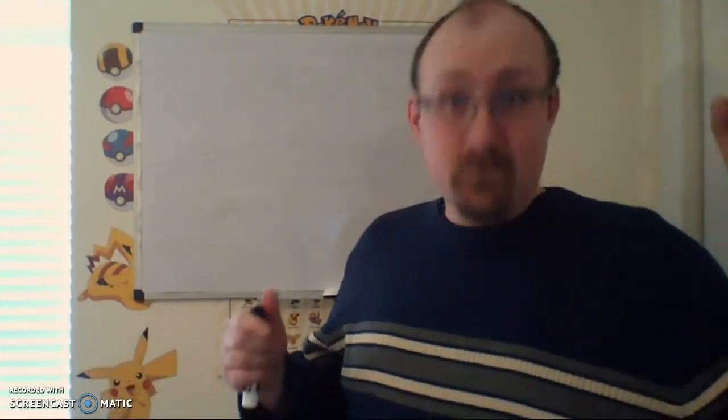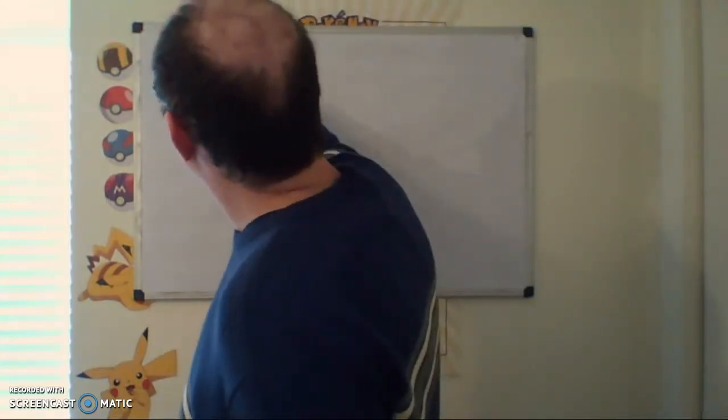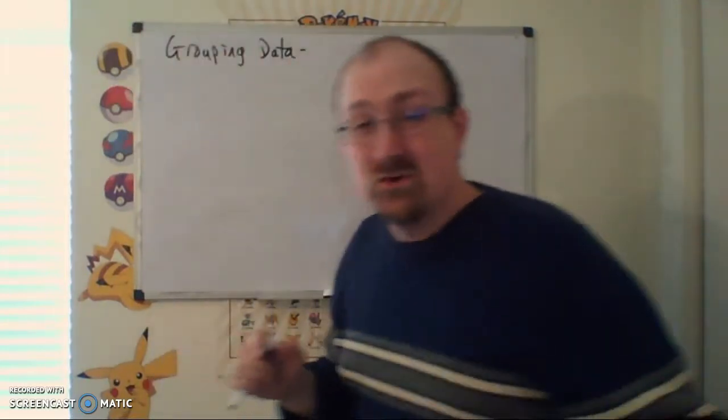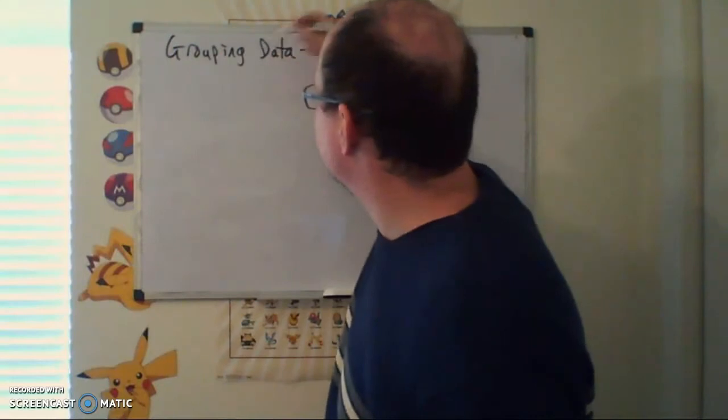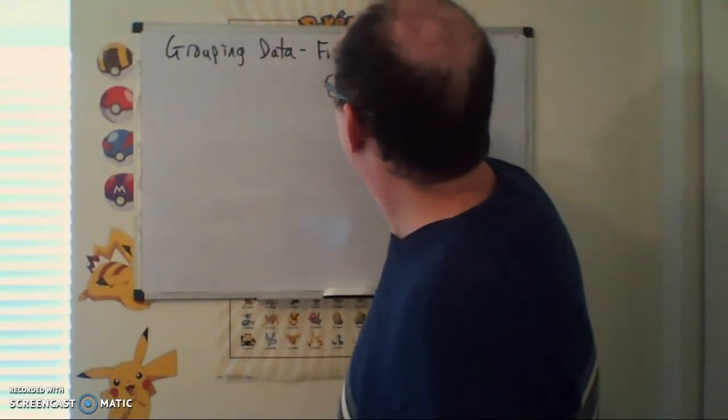All right, so we want to group up data sets. Generally, they're kind of big and bulky, and it's not terribly informative just to stare at a big honking list of numbers. So we want to find some way to break that down into an easier to digest format. The big way we're going to do that in this section, when it comes to grouping data, is to use what we call a frequency distribution to see how often specific values turn up in our data set.